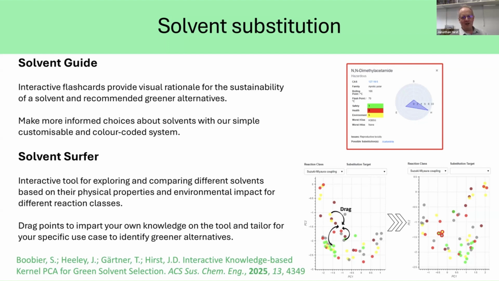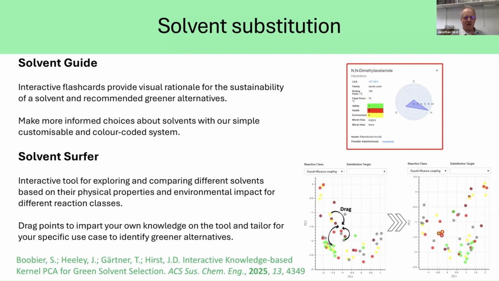The interactive kernel PCA that we've implemented allows you to drag points around interactively on the principal component plot, and the machinery underneath will update the embedding, the clustering, the PCA plot that you're looking at in a mathematically rigorous way, imposing the constraints that the points you want close to each other are close to each other.